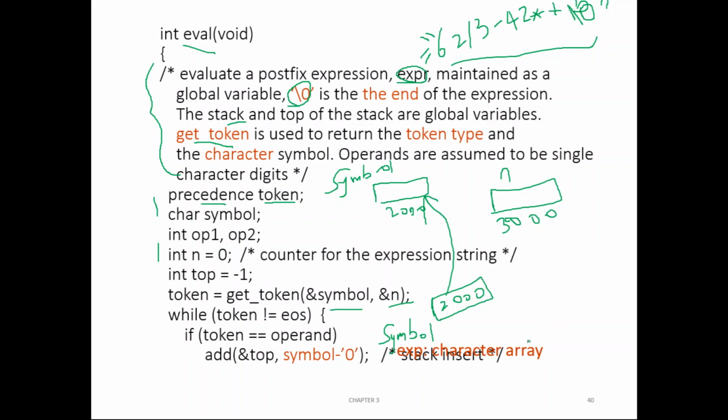Similarly, in the function get token, there is n, and again this n is a pointer. In get token, symbol is a pointer, n is a pointer, whereas in eval, symbol is just a character, n is also just an integer. So the pointer n of get token will hold 3000 because we are passing it as the parameter. It means that it is pointing to this n of eval.